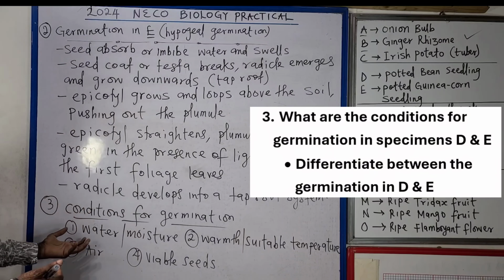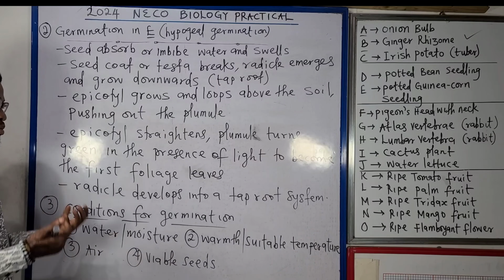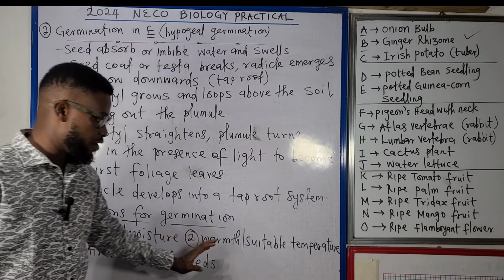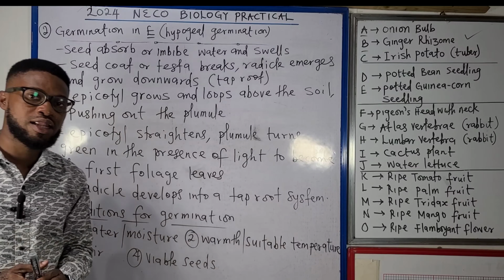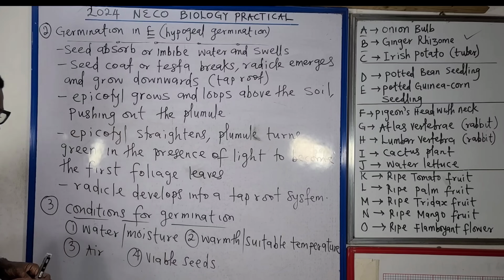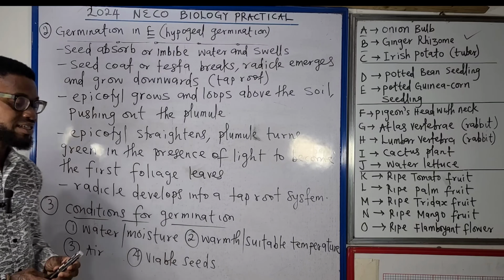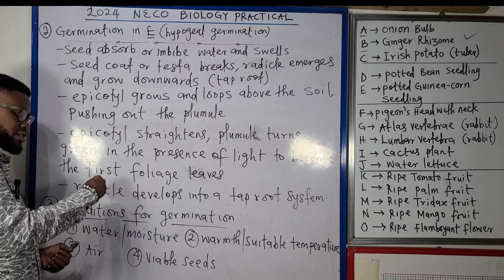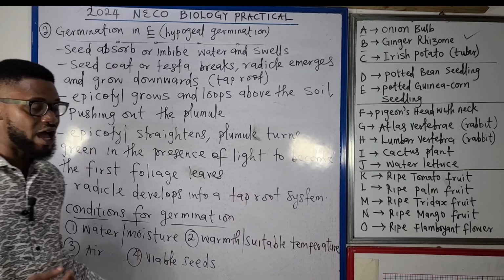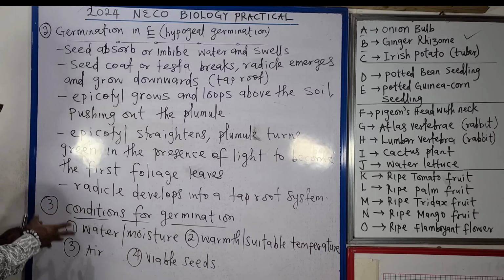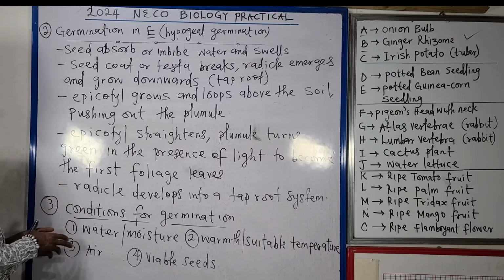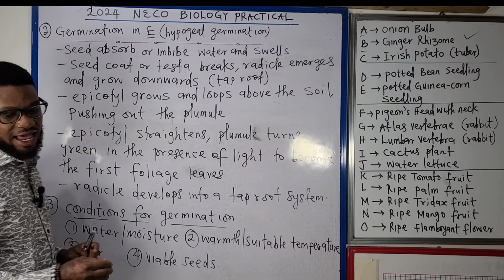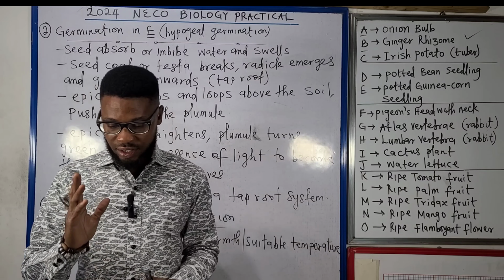So the very first condition is water, or what we call moisture, and then we talk of warmth or suitable temperature here. Then we talk of air, and then the seed, so that germination takes place, has to be a good seed, a viable seed. So these are the conditions for germination of a seed, and that ends question 3.